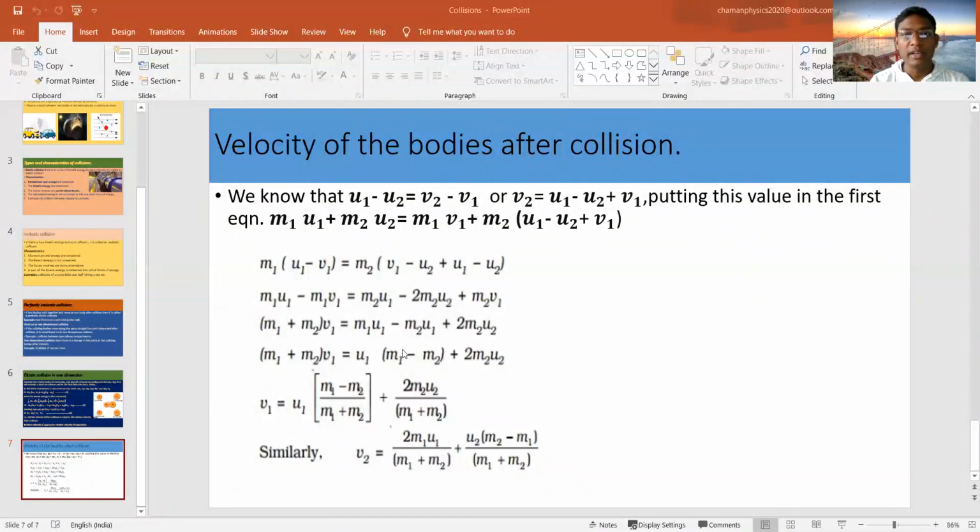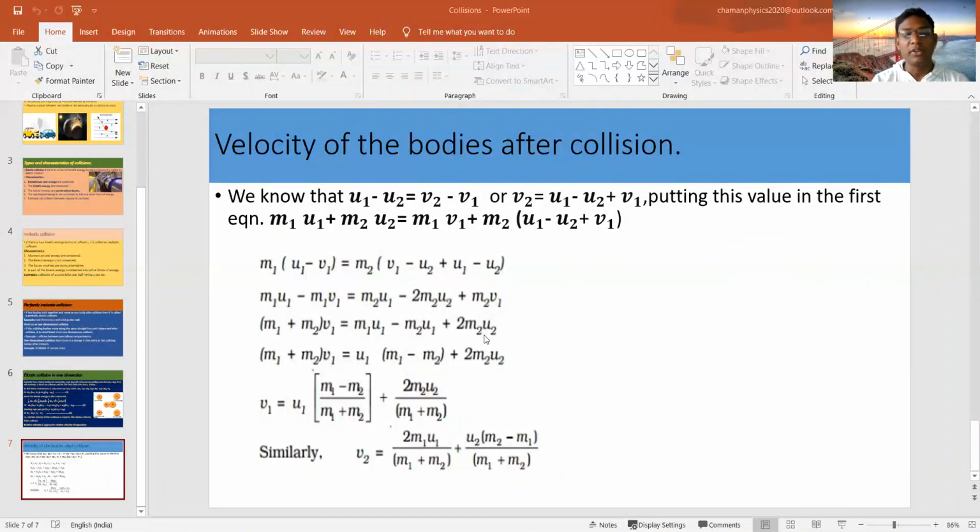From the value of v1 here, if we find v1 first and then put it here, you will get the value of v2. So by this method you can find the final velocities after an elastic collision in one dimension.